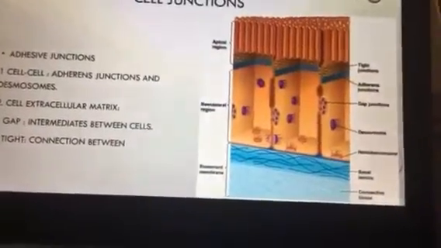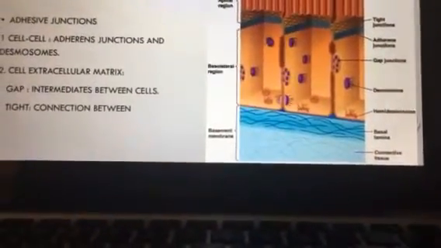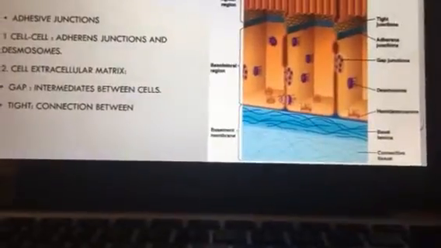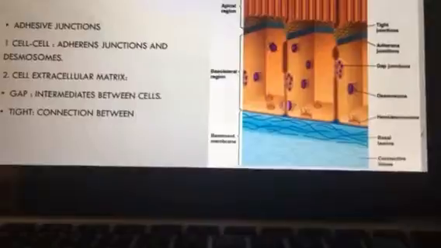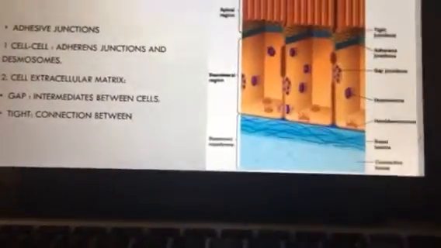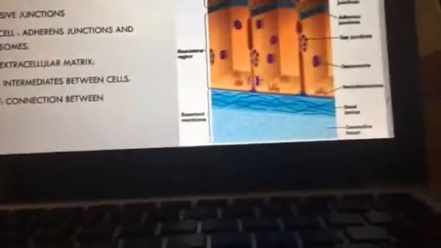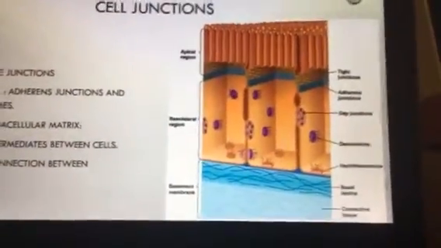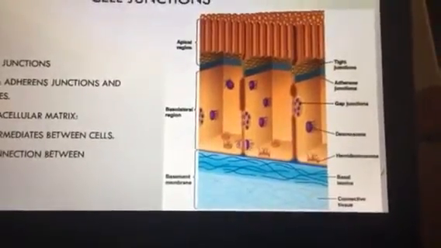All right. So for the cell junctions, the figure we explained before basically explains the functions of the junctions and how they act. Basically, hemidesmosomes: hemi means half, and these are desmosomes connected to the basal lamina in the lower regions.